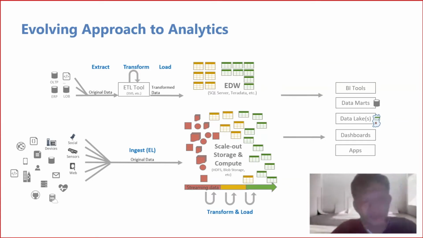This change is mainly precipitated by the need for storing more data at a faster pace and more types of unstructured data. So we see that how it has evolved is that instead of extracting and transforming it, and only then loading it into a relational source, the strategy has changed where we ingest all that data first. Ingest as in we load it first, and only then we decide how to deal with it.